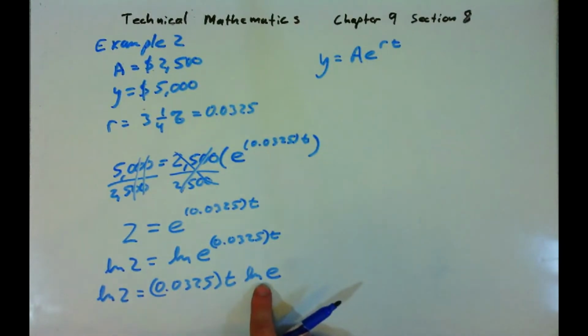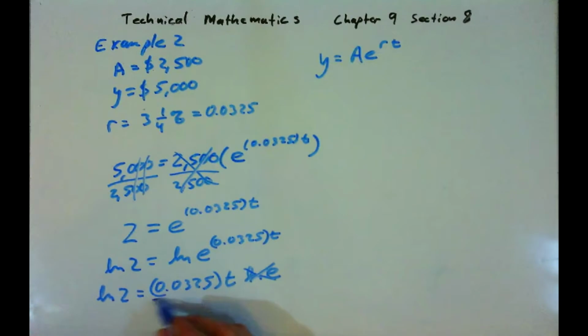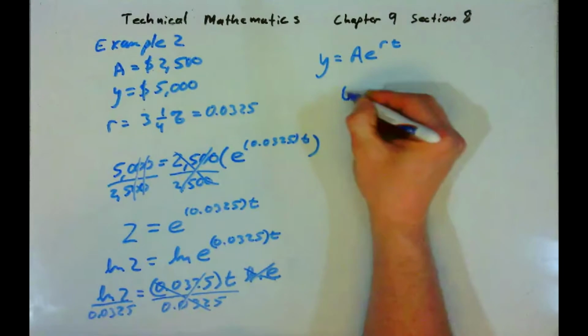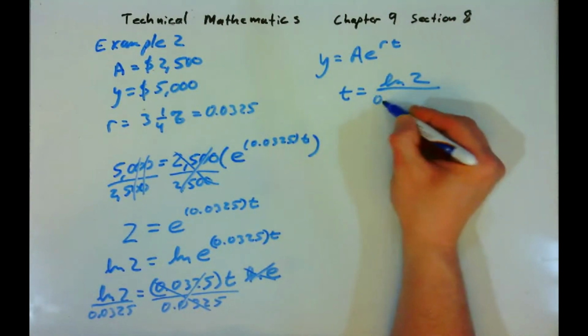And if you remember, the natural logarithm of e is 1, and so that cancels. Now we can solve for t by dividing both sides by 0.0325. Cancels over here, and we get t equals the natural logarithm of 2 divided by 0.0325.